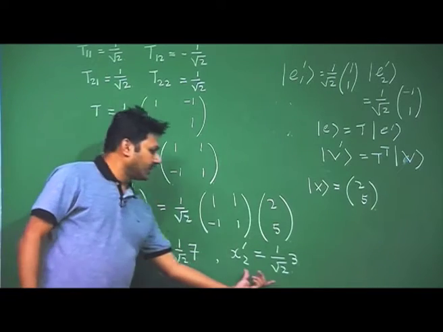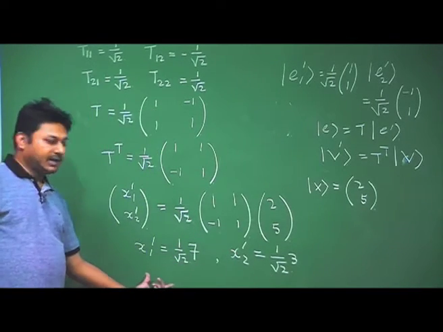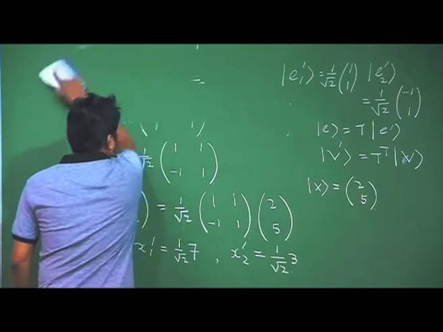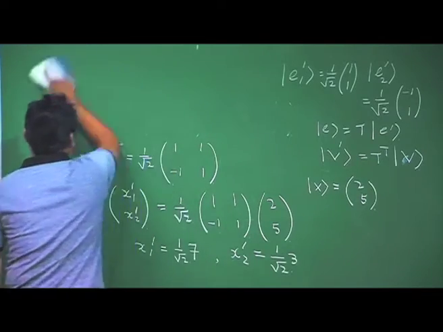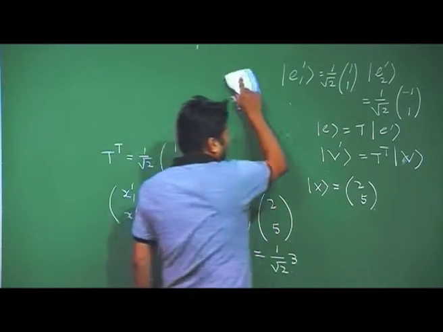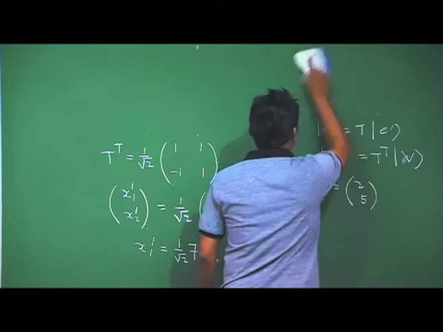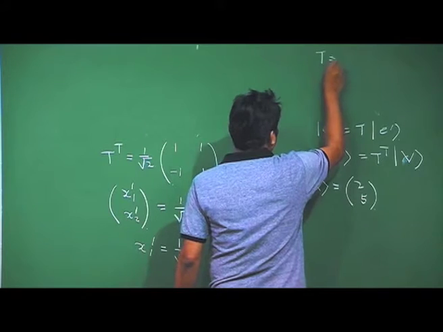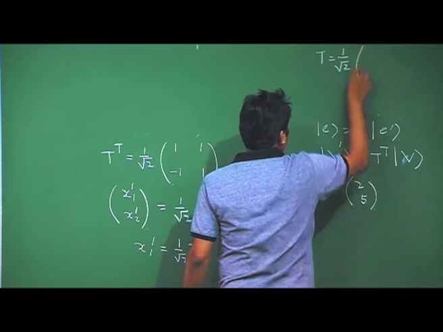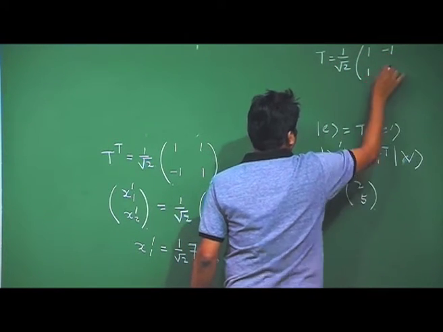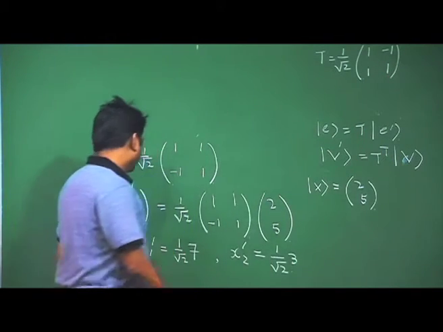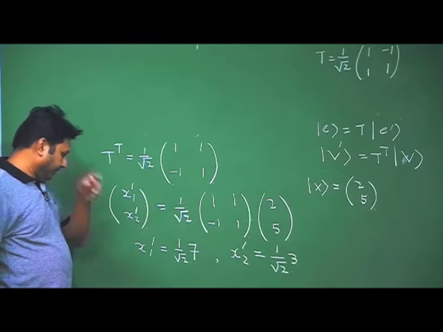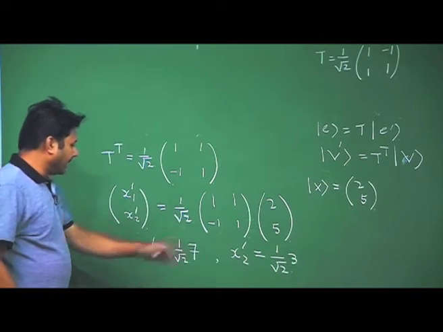So two components are like this by this treatment. Let me write the T matrix here somewhere, because I may require it later. My T matrix was 1 by root 2 times 1 minus 1 1 1. This is the transpose of that matrix, that is why the minus sign is coming here. So I got the components.